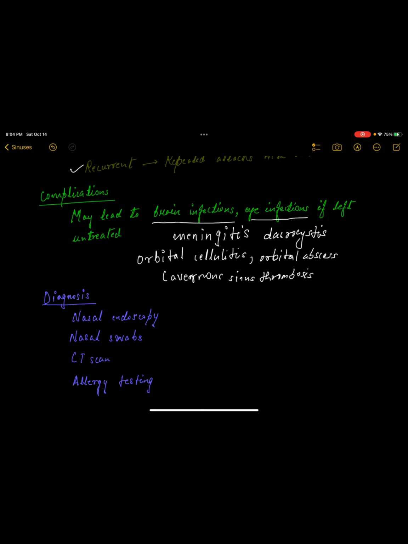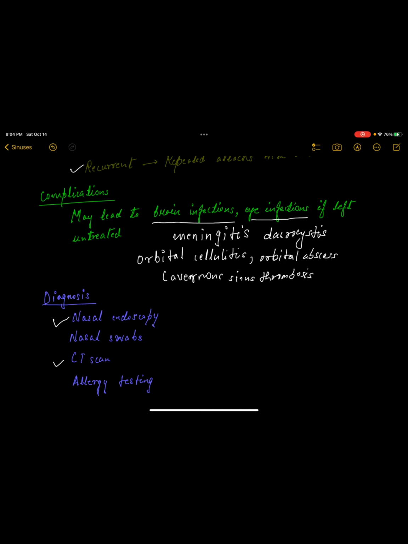So now the diagnosis of sinusitis. First, we will go for nasal endoscopy. In nasal endoscopy, we put the endoscope tube inside the nose to find out where the blockage is. And after endoscopy, we should do CT scan and nasal swabs.